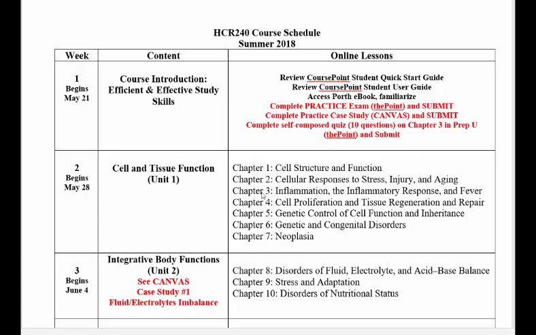Chapter 3 is a really important chapter for me: inflammation, the inflammatory response, and fever. So I do like you to focus on Chapter 3. It's just practice, and regardless of your score on this practice exam, if you complete it and submit it, you will receive 1 point. This is for you to learn how to take an instructor authored exam on the CoursePoint.